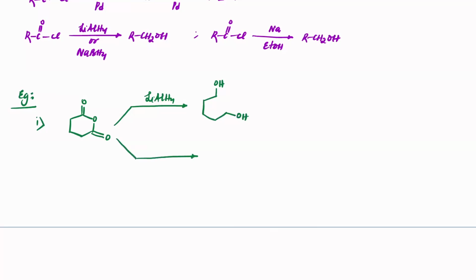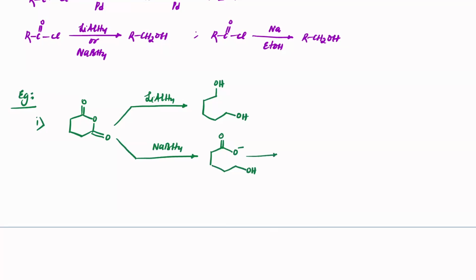While if you react this with sodium borohydride, actually sodium borohydride reduces only cyclic anhydrides, not regular anhydrides. So it will become CO minus, and this side it will become an alcohol, correct?